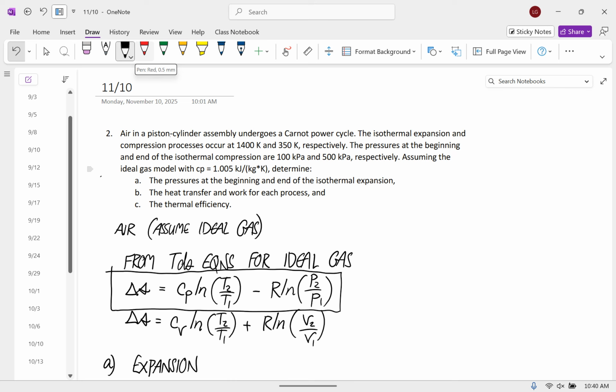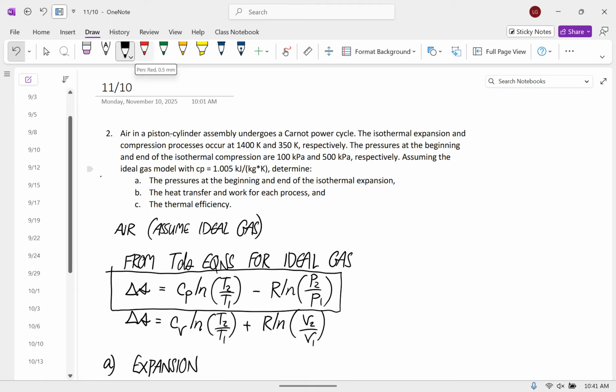That's what I think is missing from this problem. Then we could have done everything, but instead all we have is a change, and so we don't know any values at a single state.